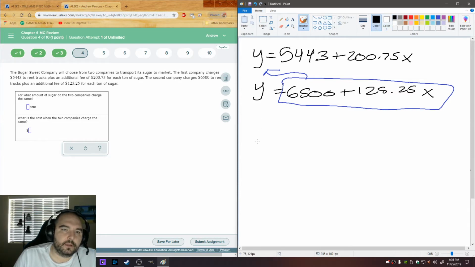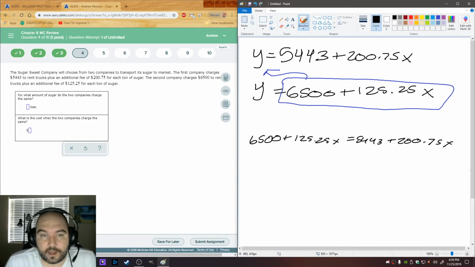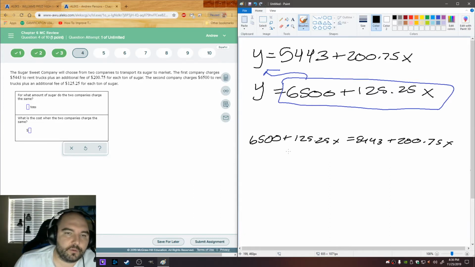Okay, here we go. So 6,500 plus 125.25x equals 5,443 plus 200.75x. Okay, just like the previous problem, we have x on both sides. I'm going to remove the 125.25.